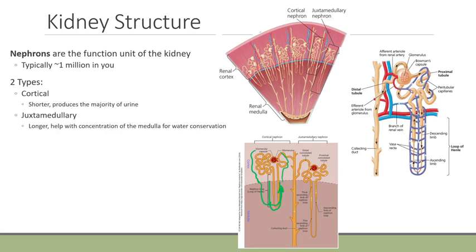As I was saying, the juxtamedullary, our other type here, are more distinguished by a longer loop that we see here that extends much further down into the medulla of your kidney. You can also see that in this top figure a little bit, not as clearly, but I wanted to reuse the same image so you had that as context.